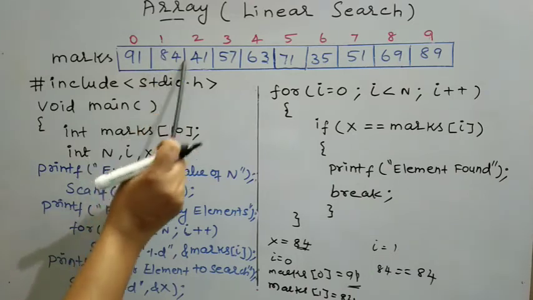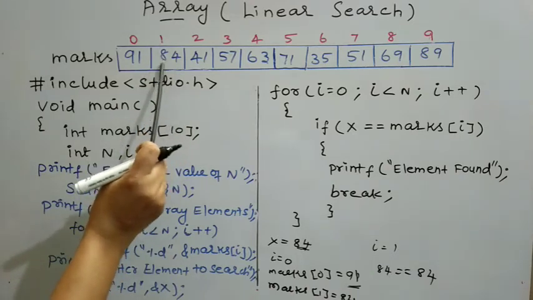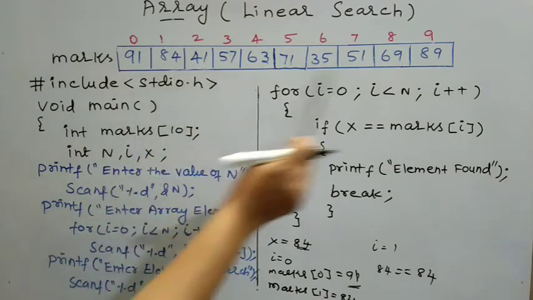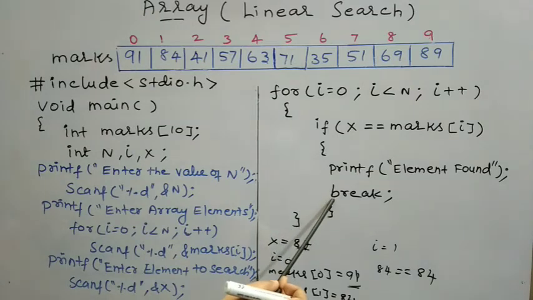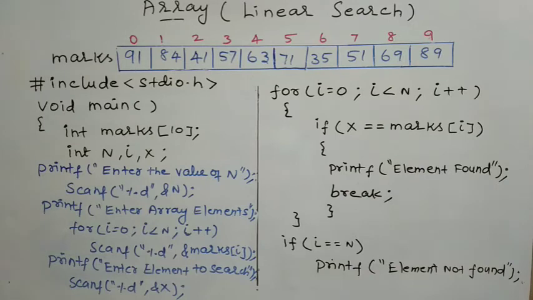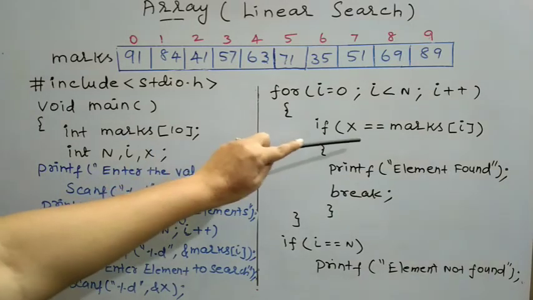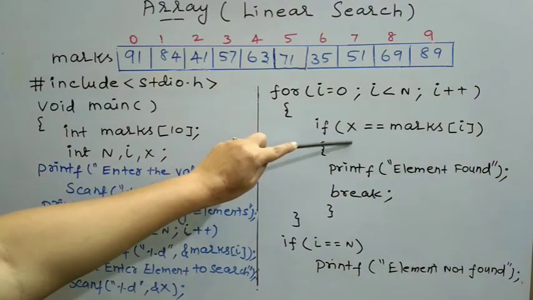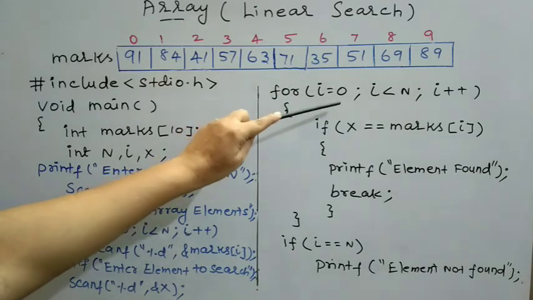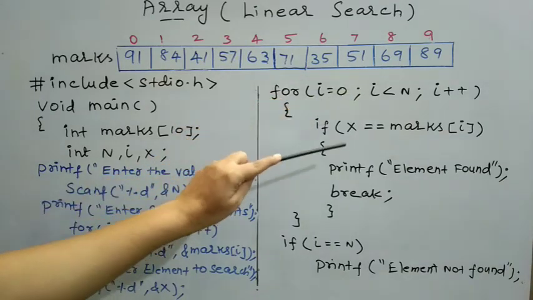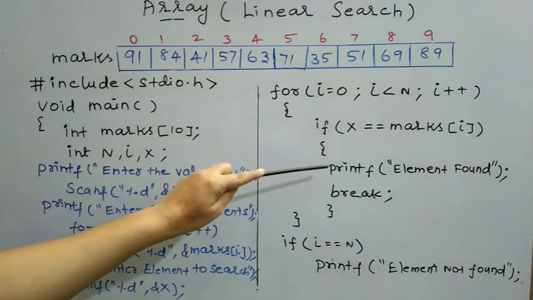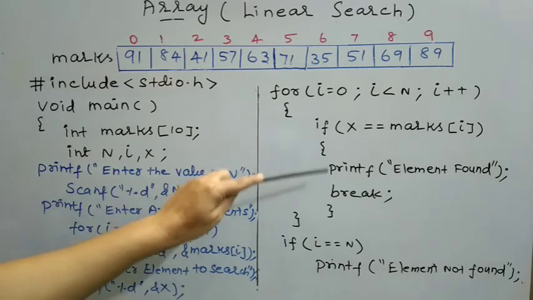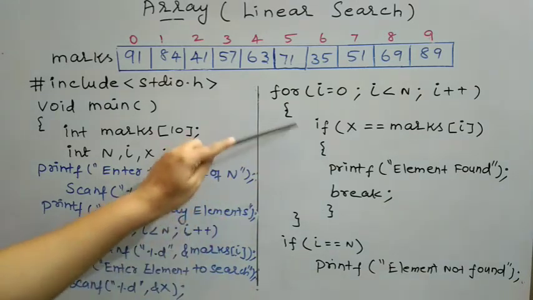After finding the element at index position 1 of the array, there is no need to continue my search process, so I am breaking out. It will come out of this for loop. So if this condition evaluates to true for any one of the index positions from 0 to n minus 1, I will print the message "element found" and break out of this for loop.